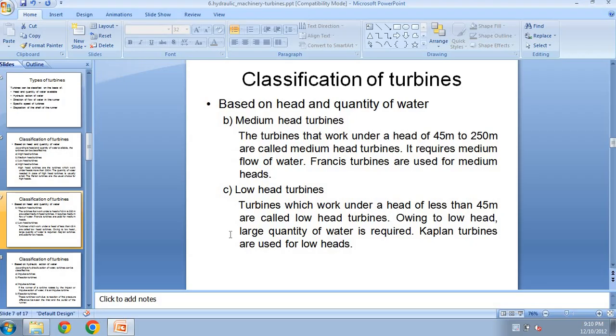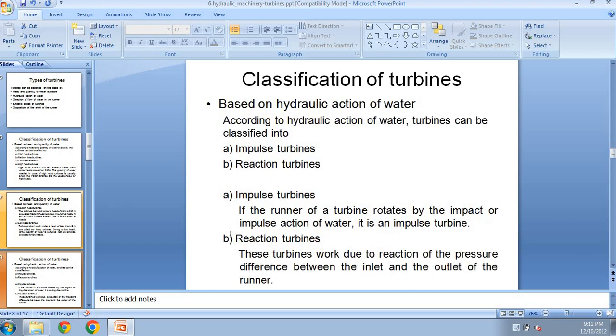It was invented by Kaplan, so it is called a Kaplan turbine, and it is suitable for low heads. These turbines utilize water energy, which may be in the form of kinetic energy or pressure energy.